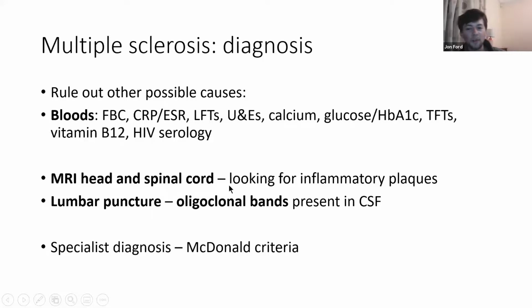I'm sorry I haven't put a picture on, but you'll be able to find them easily on Google. They tend to be discolorations visible on the MRI that are the inflammatory plaques of demyelination. Then a lumbar puncture, where it's worth knowing that the sign you might find is oligoclonal bands. That's quite a common exam question. And I've just put a note in about the McDonald criteria. I don't think we ever got examined on it, but this is the MS criteria that's used.